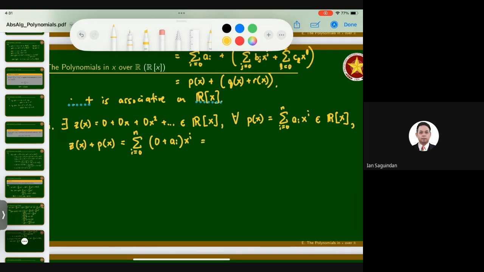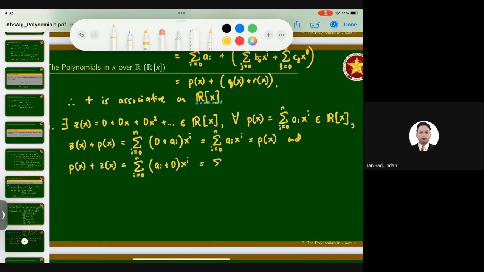And simply, this should become the summation of all a sub i, x to the i running from 0 up to n, which is actually p of x. And you can do this on the other side. p of x plus z of x is equal to the summation of all a sub i plus 0, x to the i running from 0 up to n.